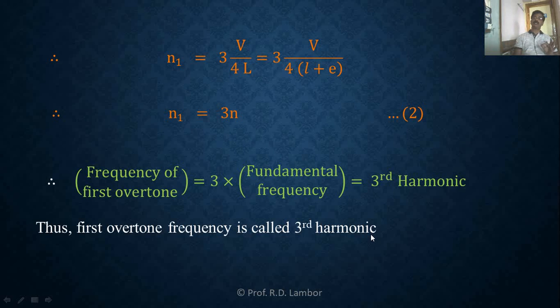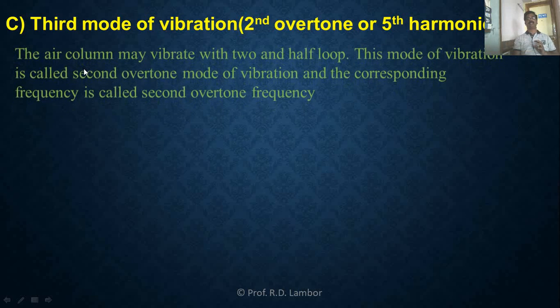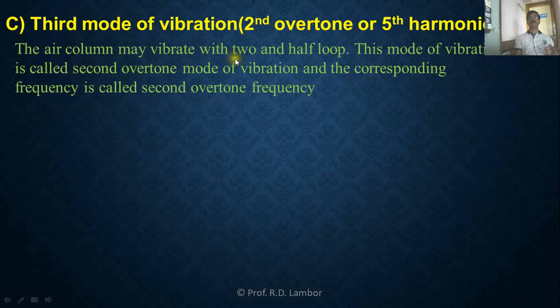So let us go through the third mode of vibration. Third mode of vibration ला तुम्ही सेकंड ओव्हरटोन मोड म्हणू शकता किंवा फिफ्थ हार्मोनिक म्हणू शकता. And in this third mode of vibration, the air column may vibrate with 2.5 loops. See here, the air column may vibrate with 2.5 loops.